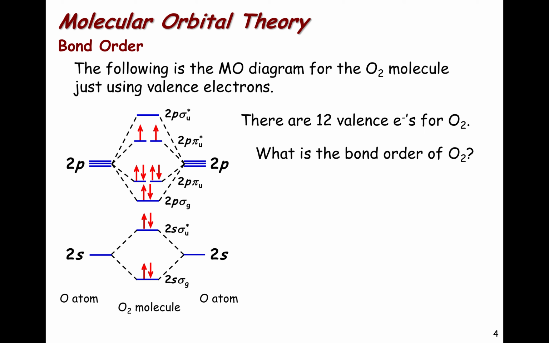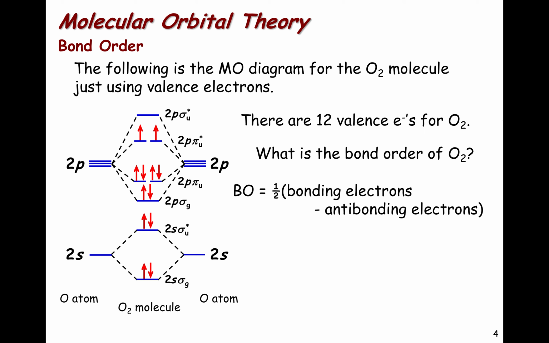In this particular case, if we ask ourselves what is the bond order, remember that the Lewis dot structure predicts a double bond. Our formula based on the molecular orbital theory is that the bond order is 1/2 of the bonding electrons minus the anti-bonding electrons. We then can count up the number of electrons that are in the bonding orbitals.